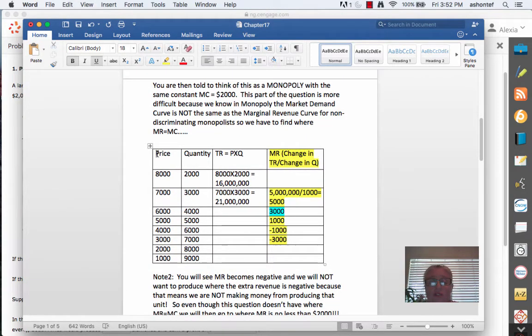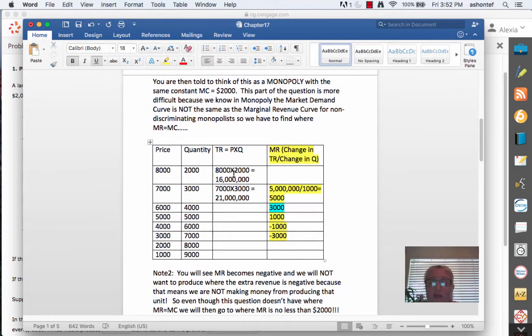The first thing you need to do is find out what marginal revenue is, because marginal cost we already know. We were told it's 2,000. But to get marginal revenue, you have to go one step prior, which is you've got to find what total revenue is, and then take that and get the marginal revenue, which is your change in total revenue over the change in quantity.